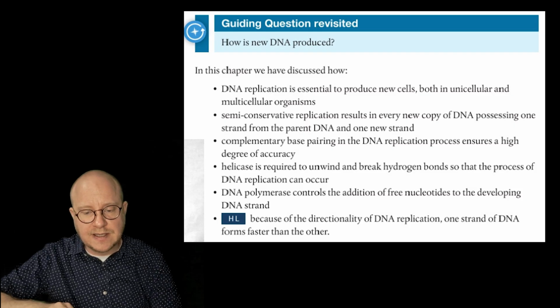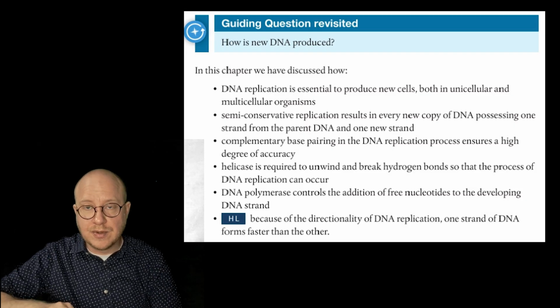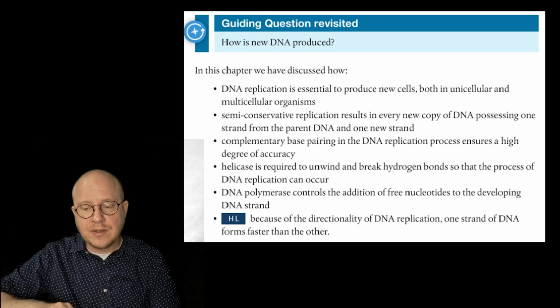Guiding question revisited: how is new DNA produced? In this chapter, we have discussed how DNA replication is essential to produce new cells, both in unicellular and multicellular organisms. Semi-conservative replication results in every new copy of DNA possessing one strand from the parent DNA and one new strand.